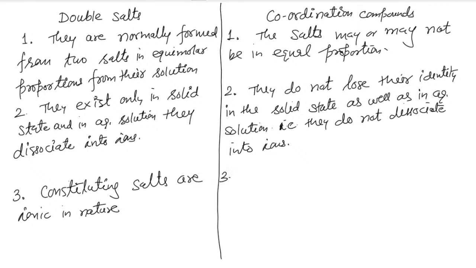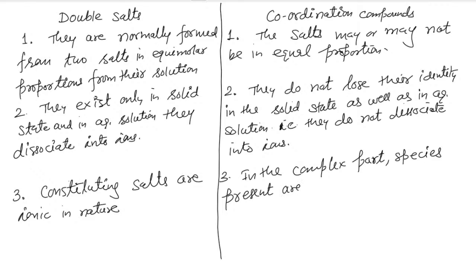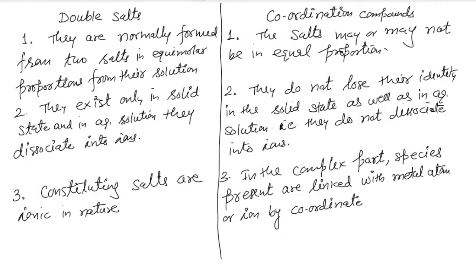But in this case, in the complex part, species present are linked with the metal atom or ion by coordinate bonds. Okay.